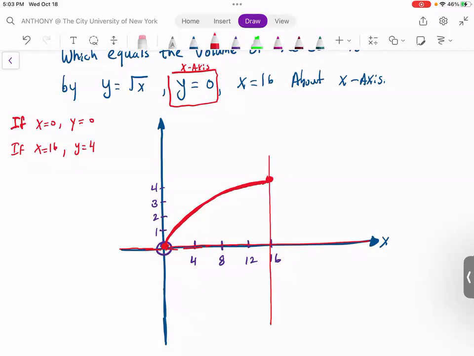And we're rotating now about the x-axis. If I'm rotating about the x-axis, just think about that red curve reflecting over the x-axis. If you reflect that curve over the x-axis, the origin point will still stay the same, but when x is equal to 16, one additional point that you'll have now is -4.